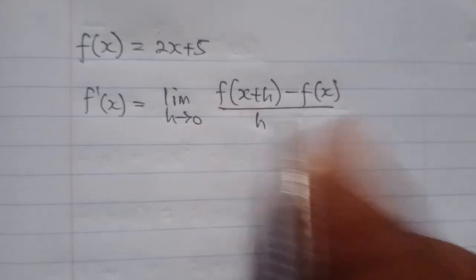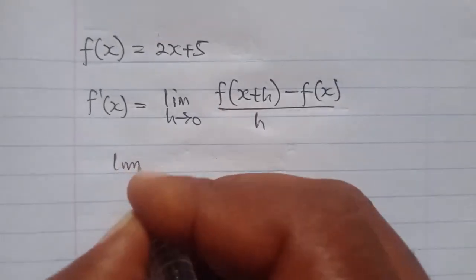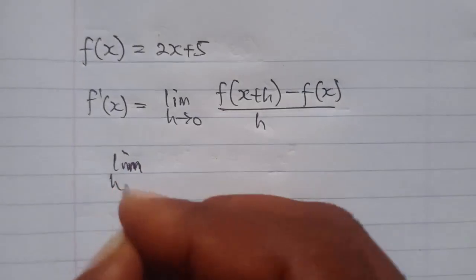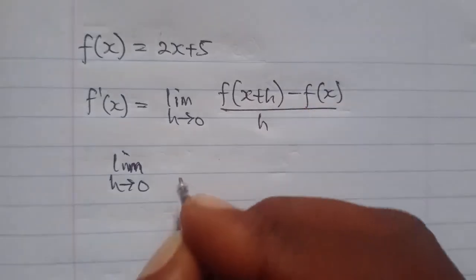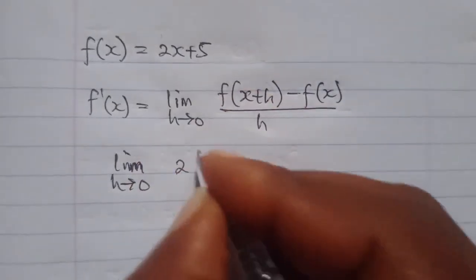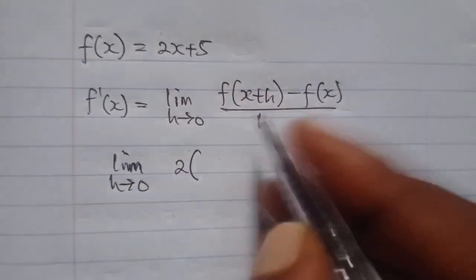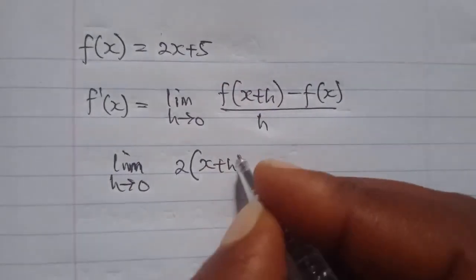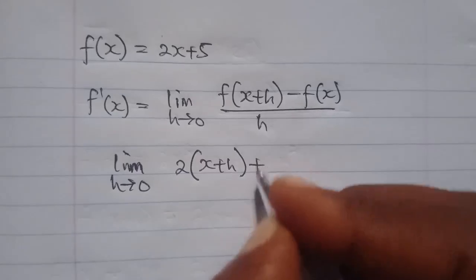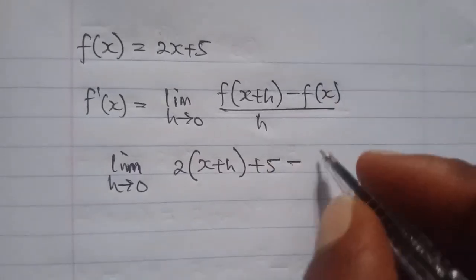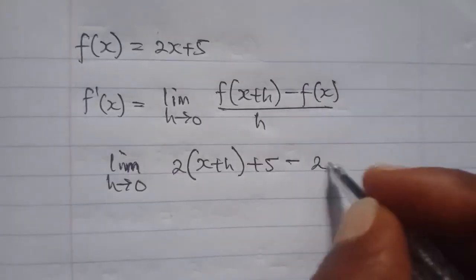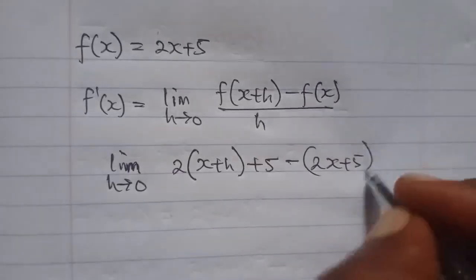Picking up this, we're going to have the limit as h tends to 0. For this f, we're going to have from here 2 into, instead of x, we write x plus h, then plus 5. On this other side, we now have minus f of x, which is 2x plus 5.